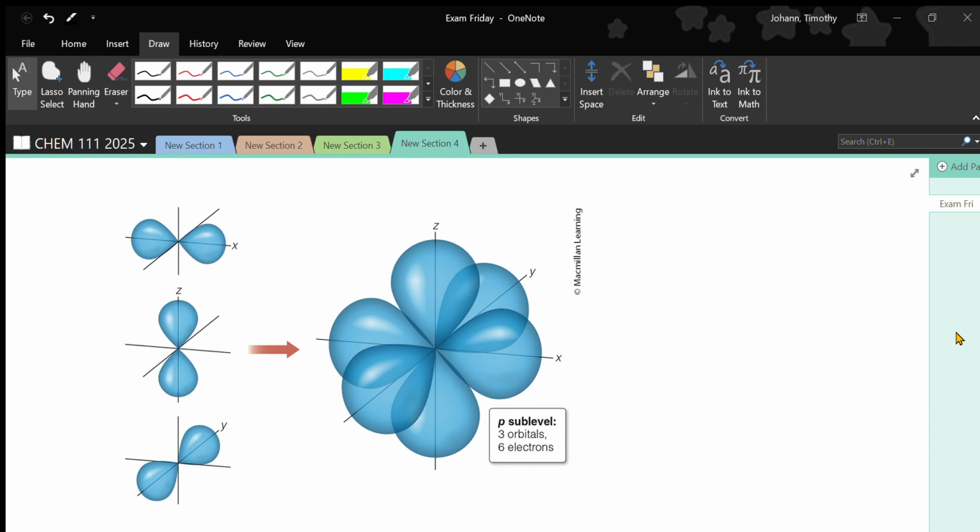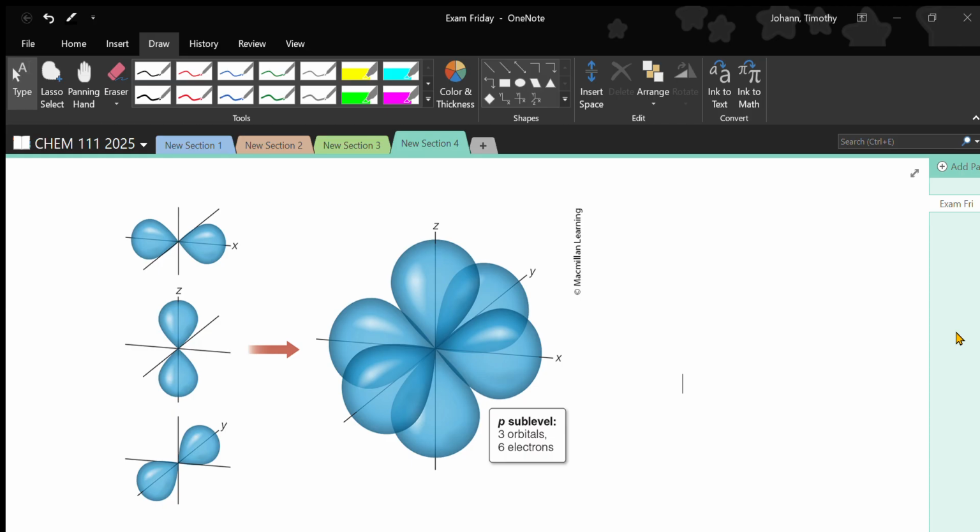One that looks like this, one that's in this, and one that looks like that. They're all kind of barbell, dumbbell sort of shaped, but they're at different directions, whether they're on the z-axis, the x-axis, or the y-axis. Different than the S. The S was just a sphere. Okay?